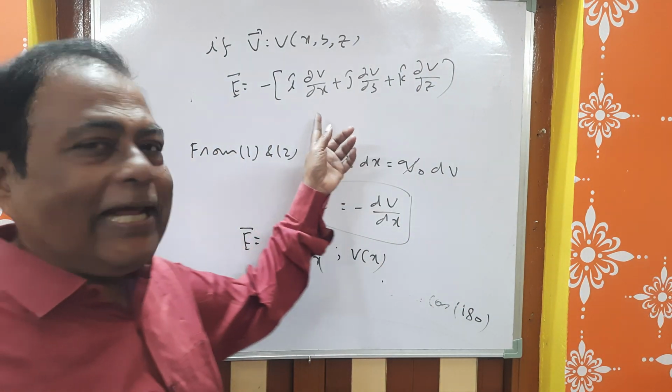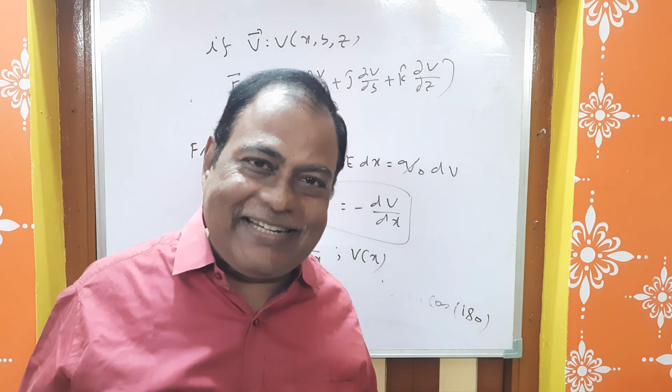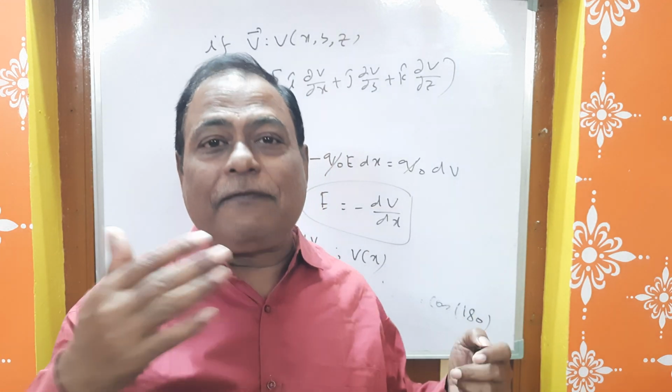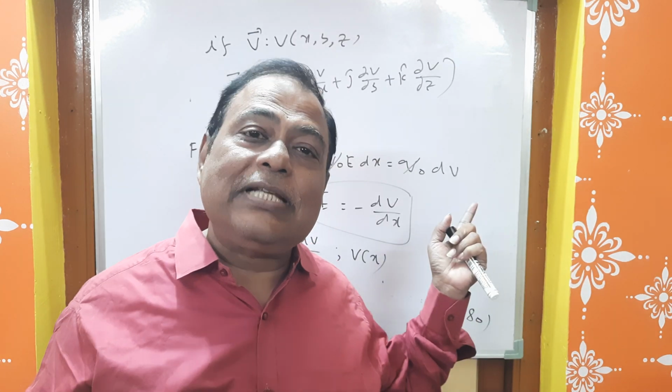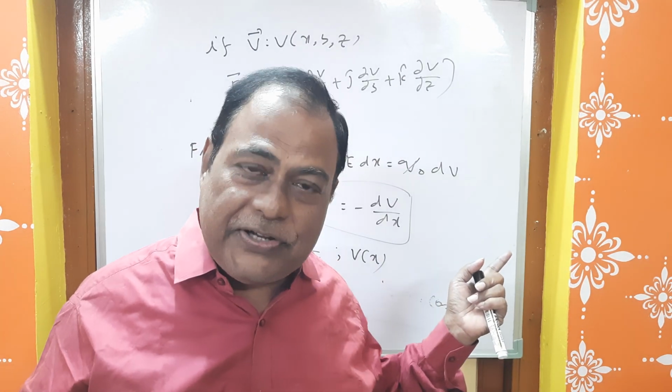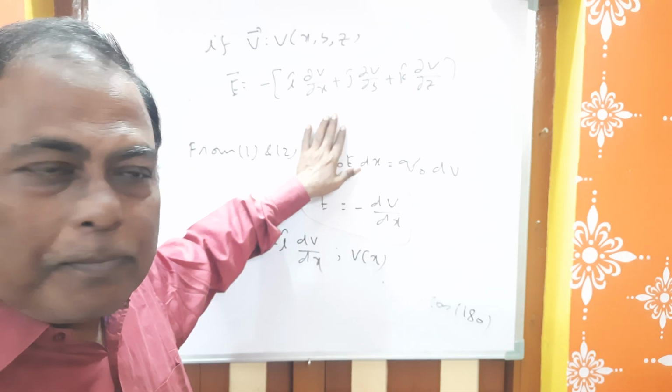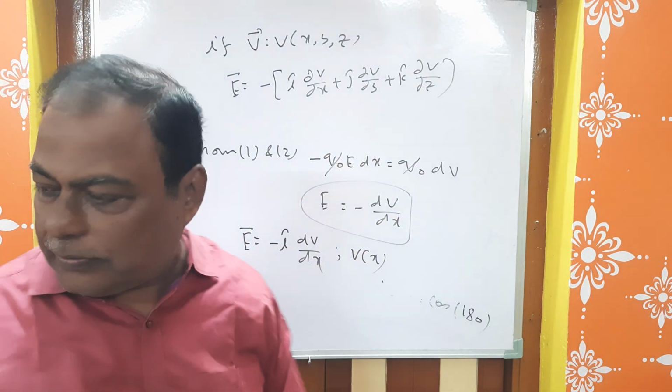Here I am considering del operator because of partial differentiation. If V is a function of x alone, I consider d. If V is a function of x, y, z, then I should consider del operator, partial differentiation. So I think students, all of you clear, no problem. So E is equal to this.